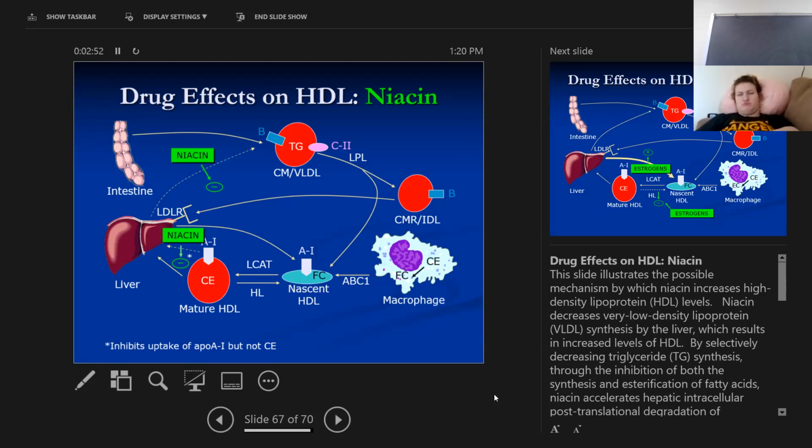Non-prescription forms of niacin have been linked with liver damage. So if you want to take niacin, you should see your doctor. Niacin used to be available with statins. That's been withdrawn from the market because no one's been able to demonstrate that adding niacin with the statin increases the clinical benefit. So those combos are now not available.